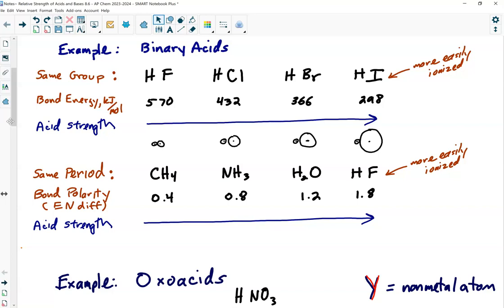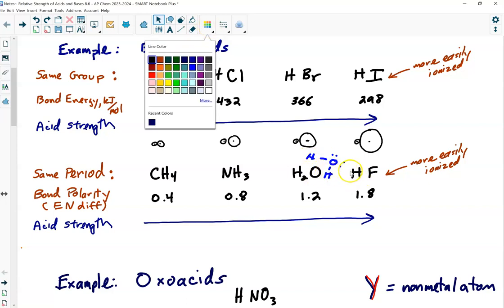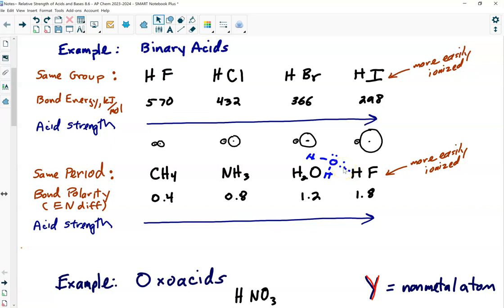And when a water molecule comes along, right, with a nice unshared pair, this hydrogen has hardly any electron density, and hydrogen's like, please, sir, can I have some more? In other words, I have hardly any electron density.